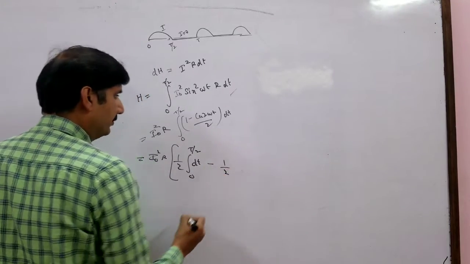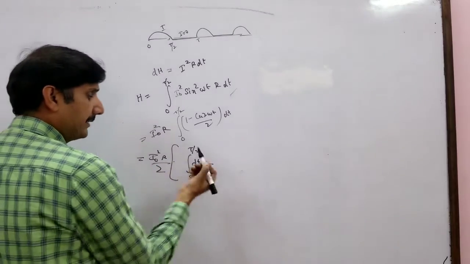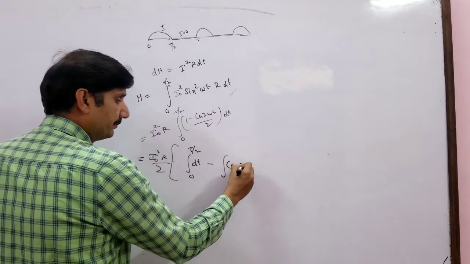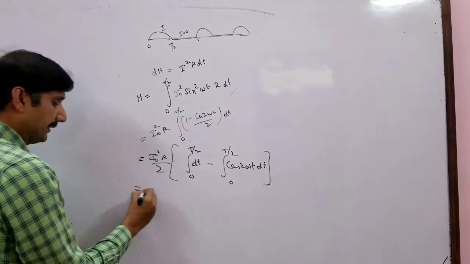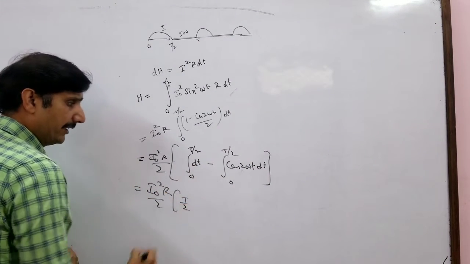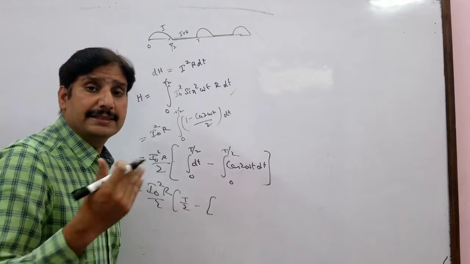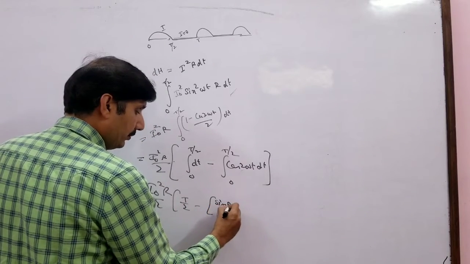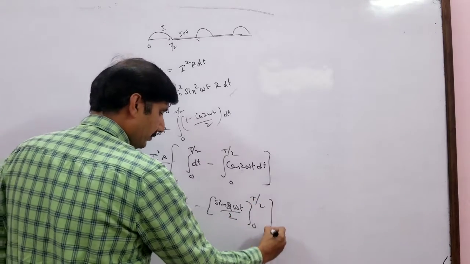I can take out 1 by 2 common, so this is integration of dt minus cos 2 omega t dt from 0 to T by 2. This is equal to I naught square R by 2. This integration would be T by 2 minus the integration of cos 2 omega t, which is sin 2 omega t by 2, from 0 to T by 2.